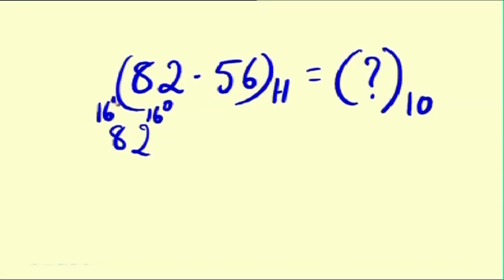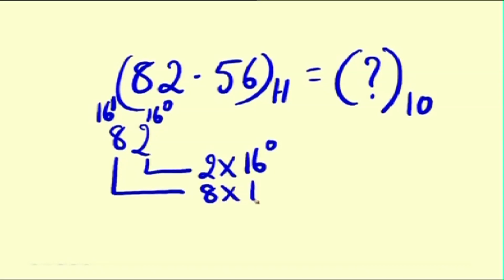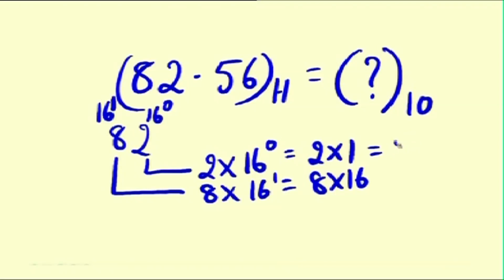It has weight 16 power 1. So, now you can see it is 2 into 16 power 0 and this is 8 into 16 power 1, which will be 2 into 1 and 8 into 16. How much will that be? This will give you 2 and this will give you 128. So, what you will be getting will be 130. Okay. So, 130 is the answer you will be getting for the integer part.